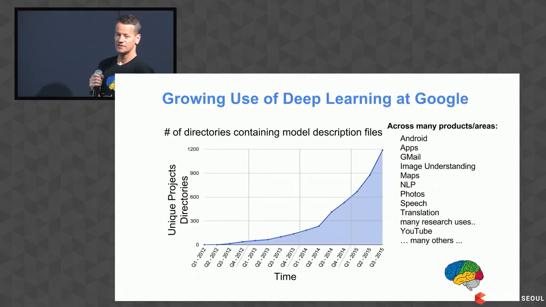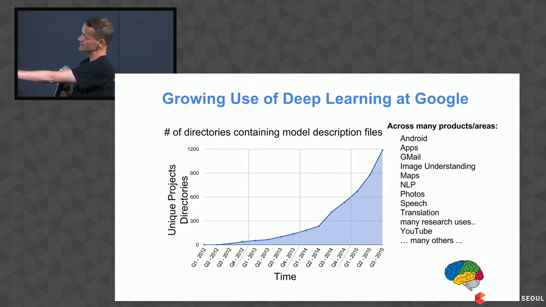So you may have seen this picture before, because Jeff gave a similar talk a while ago. This really shows how much growth there is within Google for the use of deep learning, and TensorFlow in our case. So the number of directories, the time is on the x-axis. The number of unique directories is on the y-axis, and you see it looks really exponential.